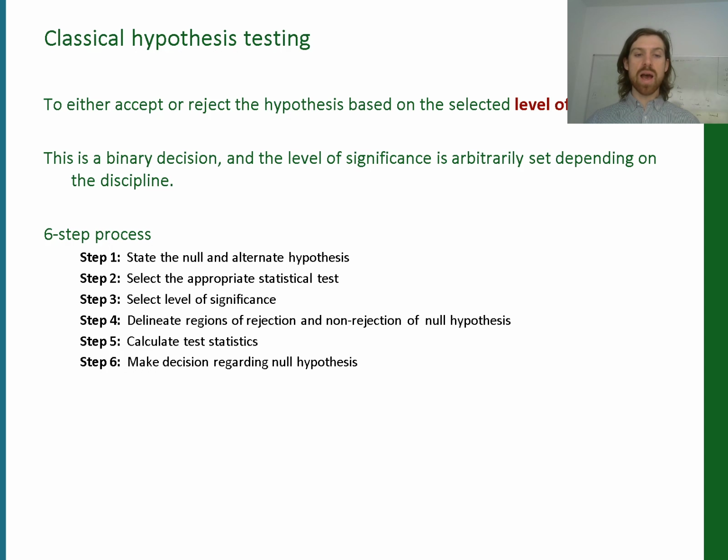You need to be absolutely confident that they need that treatment, and therefore you might set a much more stringent significance level so that you're far more confident that course of action is needed.